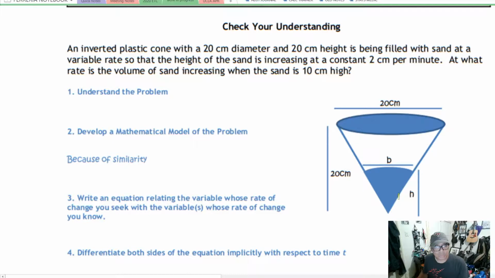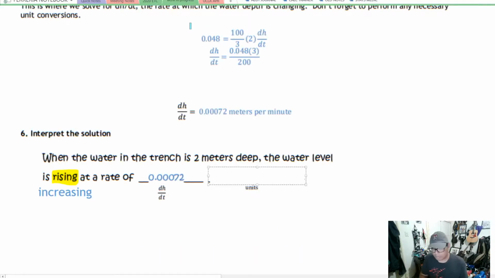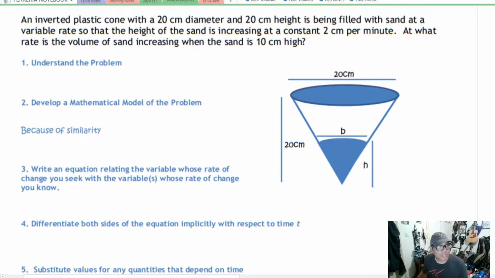The inner cone and the outer cone share the same base angle right over here. They also share the same angle over here, just like with the previous example. So these are similar cones. Yet again, similarity, and we can do almost the exact same thing we did for the previous problem. The similarity really helps you out here.